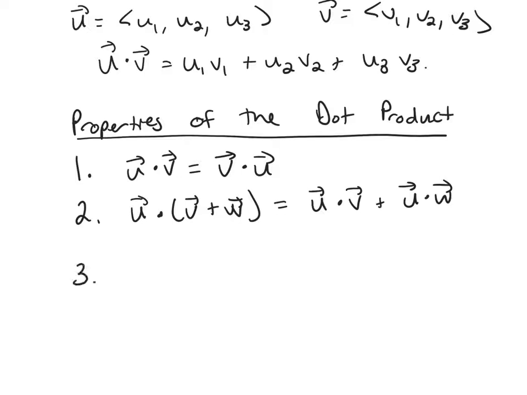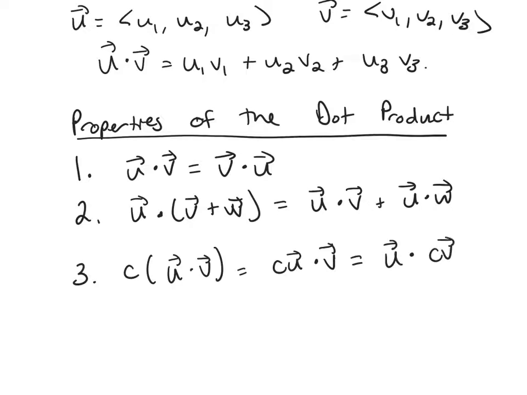Number 3, if I multiply a scalar and a dot product, it's the same thing as scalar multiplication on u dotted with v, or it's also the same thing as u dotted with the scalar multiple of v.